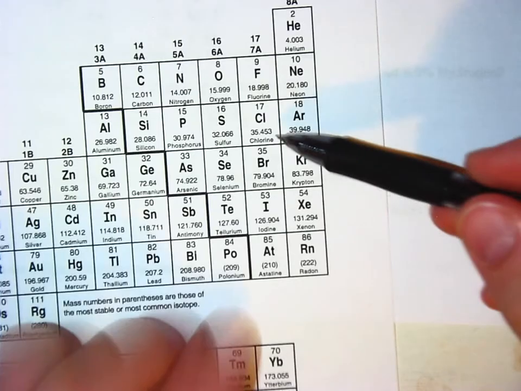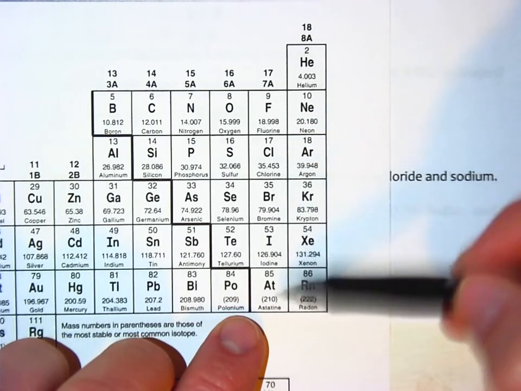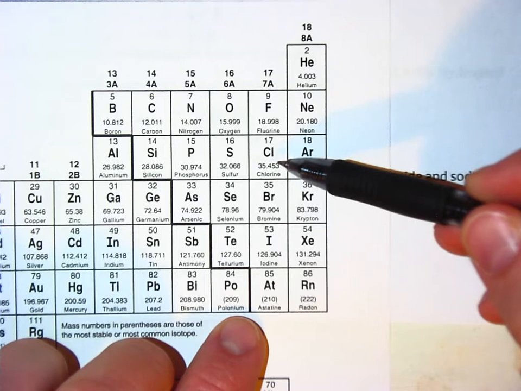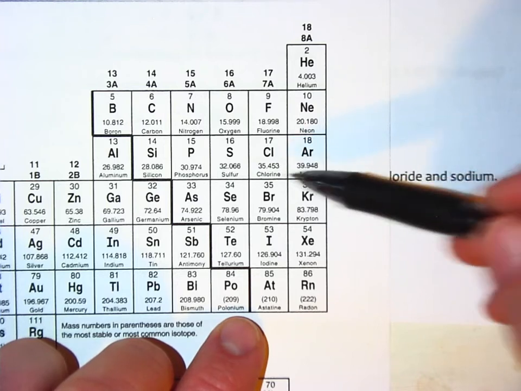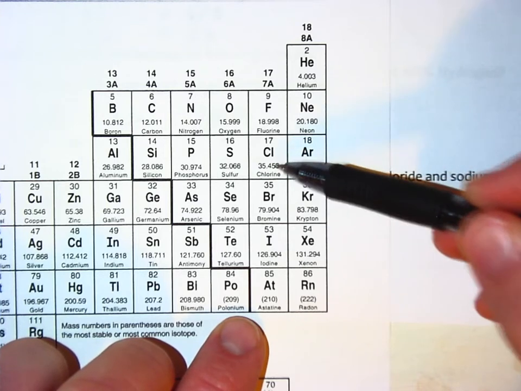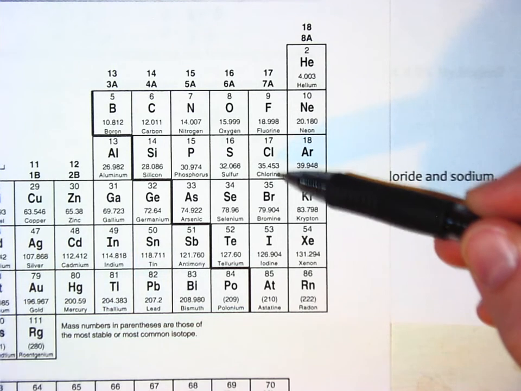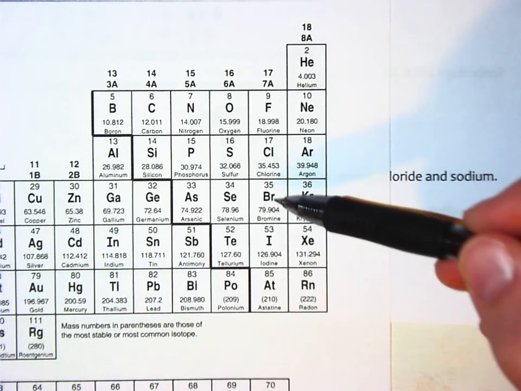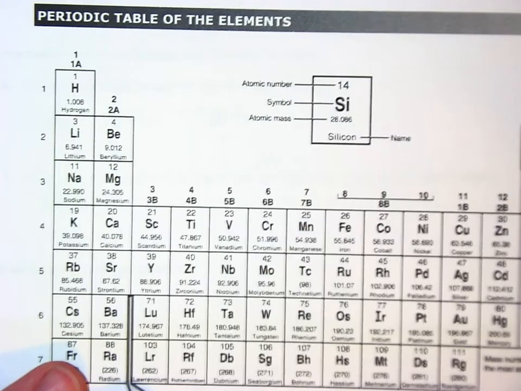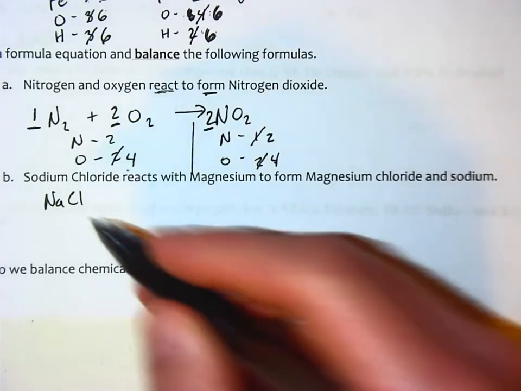Cl needs 1 more to achieve that octet rule. So for NaCl, their charges are going to cancel: this is a -1 charge, this is a +1 charge. They cancel out. So NaCl.